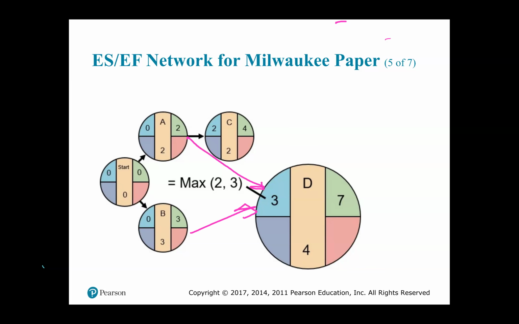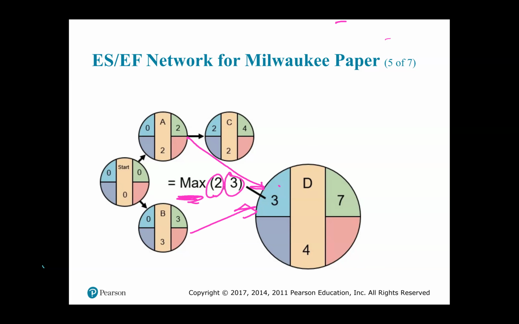Now remember we said that when an activity such as D has multiple immediate predecessors such as A and B, the early start of that activity is the maximum of the early finish values of those immediate predecessors.